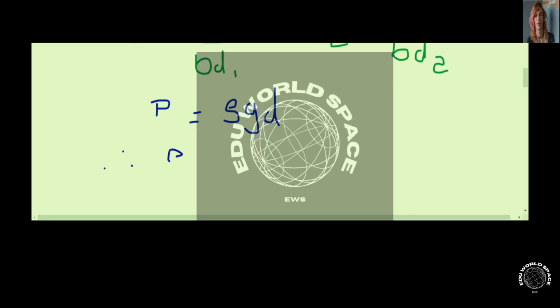So therefore, rho into g is equal to gamma, or you can say that P upon d. Now, therefore, my P1 will be gamma d1 and P2 will be gamma d2.